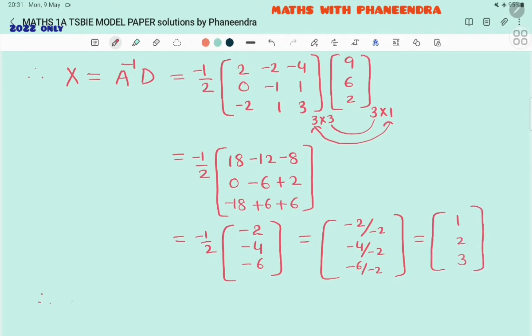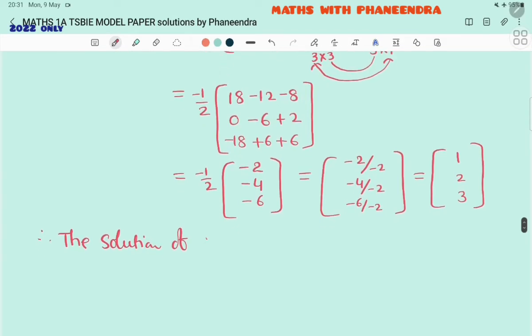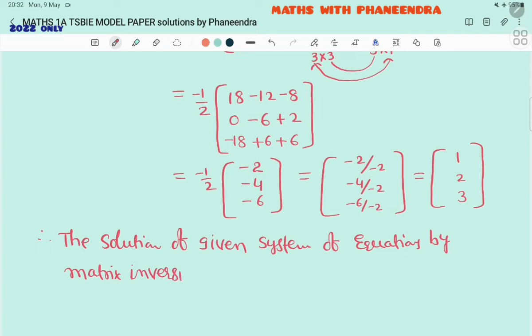Therefore, the solution of the given system of equations by matrix inversion method is capital X is equal to x, y, z, that is equal to 1, 2, 3.